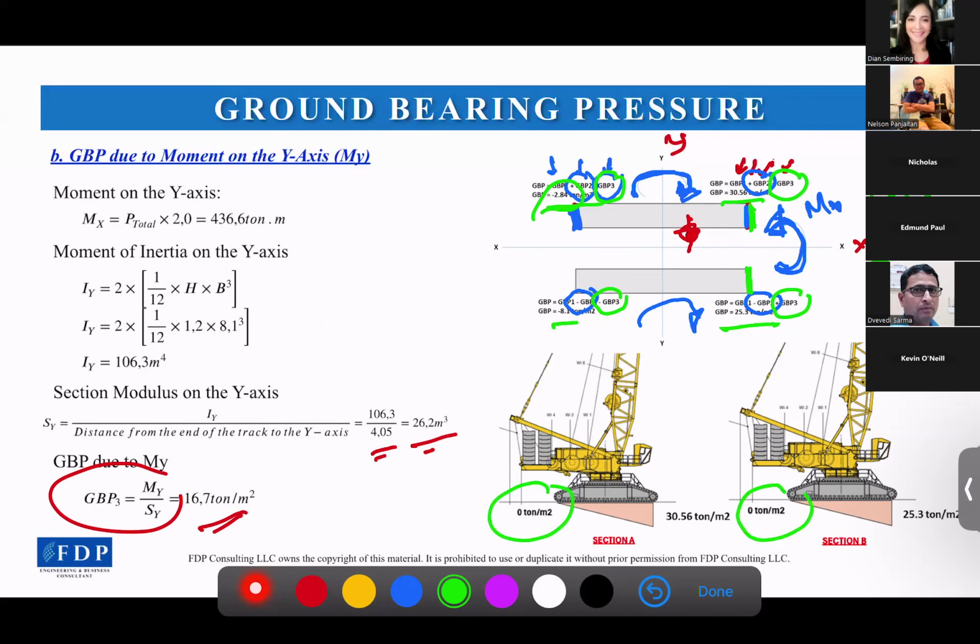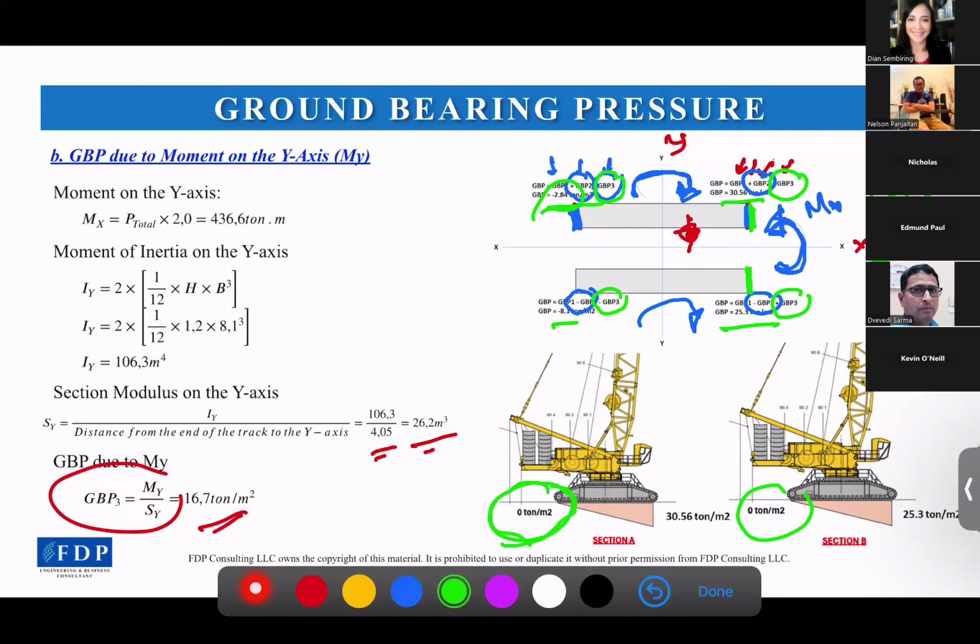That's because in reality there is no negative pressure. That's why I put it as a 0, because it will start losing the pressure at the rear, and I think the crane will start tilting as well during the lifting. So that's why I put the 0 at the back.